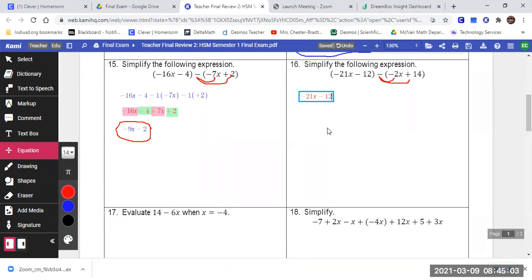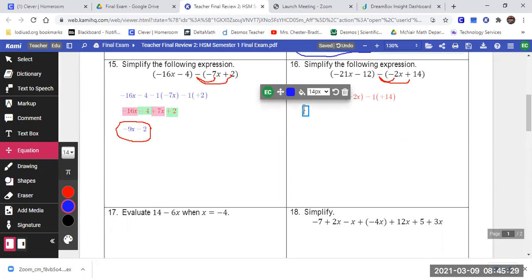We don't need it in a parentheses. The second one, we have a negative 1 times a negative 2x and a negative 1 times a positive 14, right? Because we know that in between here is the hidden 1, because 1 times something doesn't change something. They don't write it, but it's there.